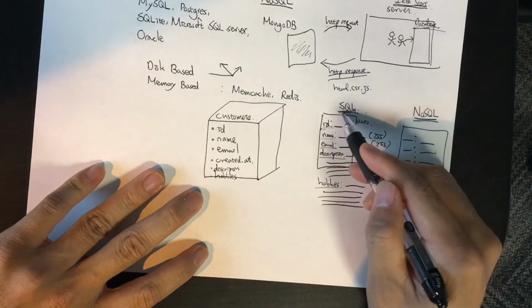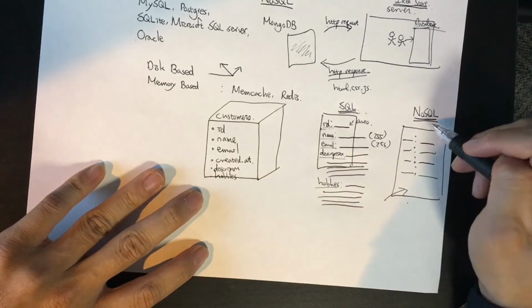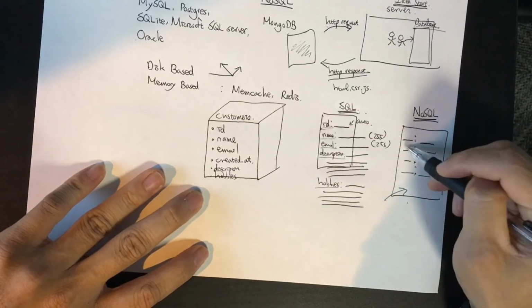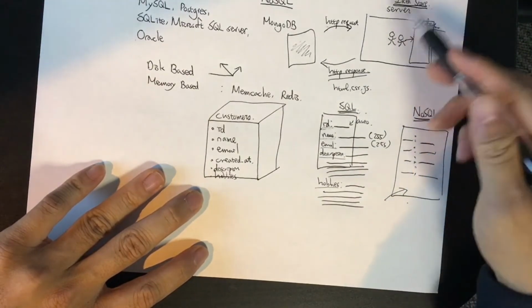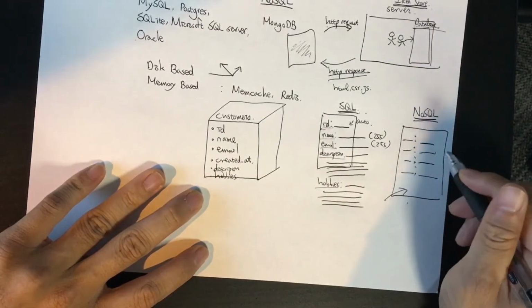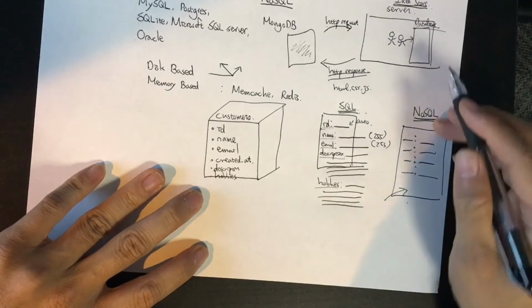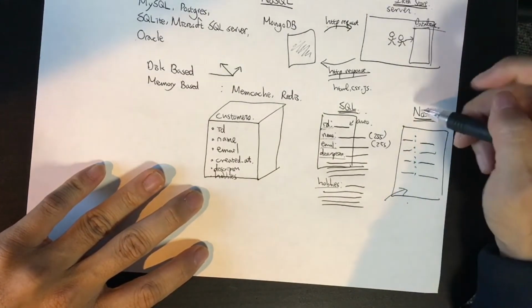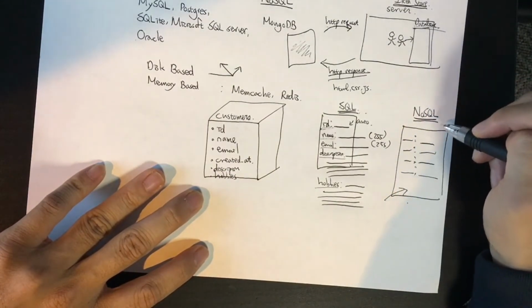If that's the case, you want SQL or relational. If you're like, you know what, I'm just going to store whatever I want, and maybe I like that freedom, I can store some arrays here, some strings, then you can go the non-relational route.